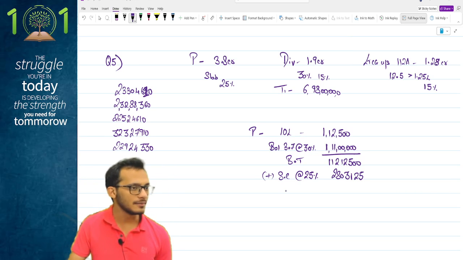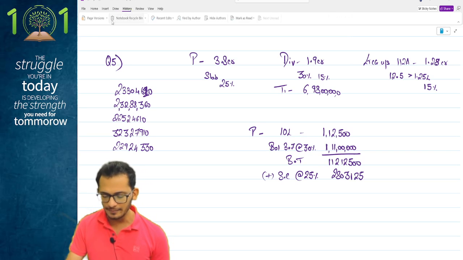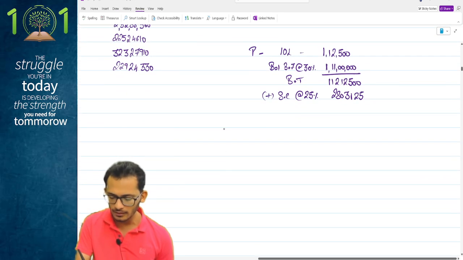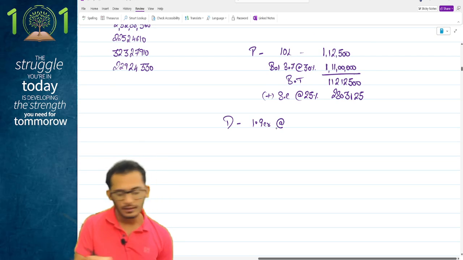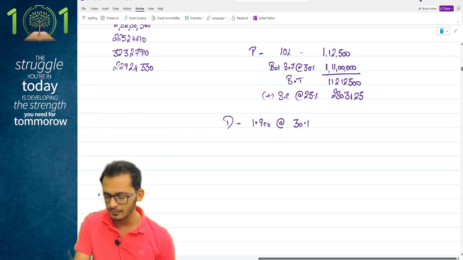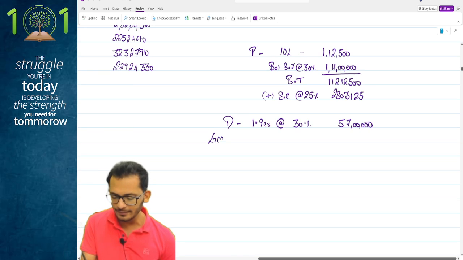Now comes my specified incomes. What are my specified incomes, Rahul? Dividends. How much is the income? It is 1.9 crores. I have already decided I will tax it at the rate of 30%. My number becomes 57 lakhs. Then I have my LTCG under section 112A.